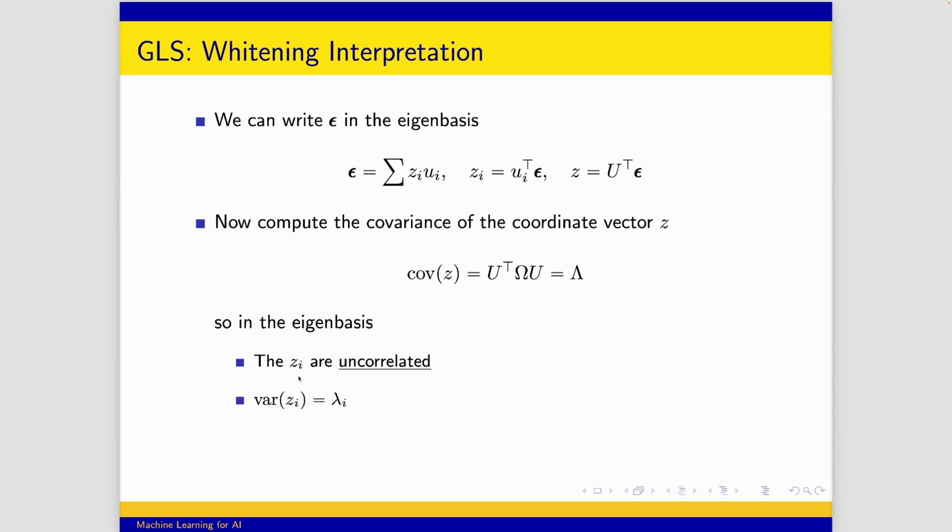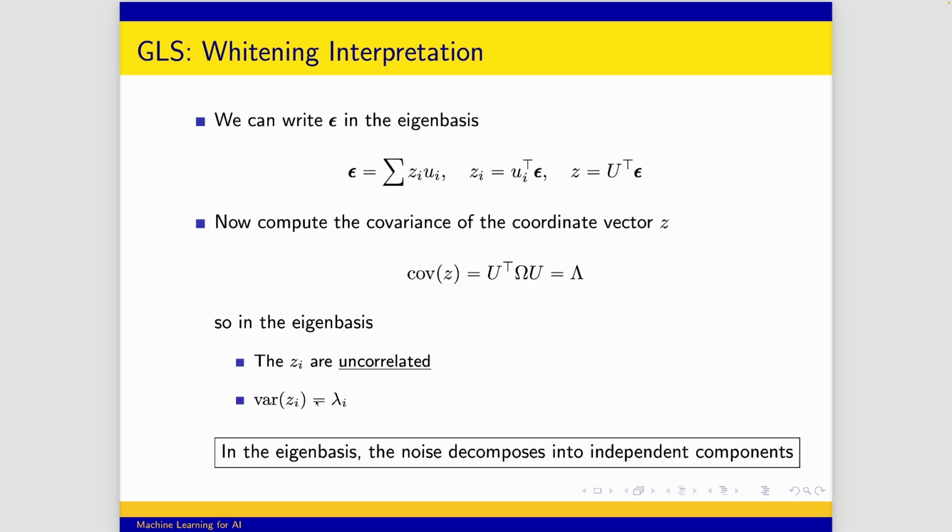And the variances of these z_i are given by the diagonal entries of this matrix, lambda 1 to lambda n with zeros elsewhere. So in the eigenbasis, the noise decomposes into independent components with variances given by the eigenvalues. So this is why writing the error in the eigenbasis is a natural thing to do.